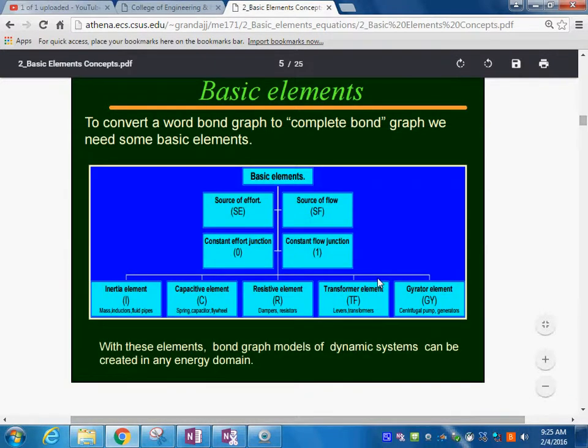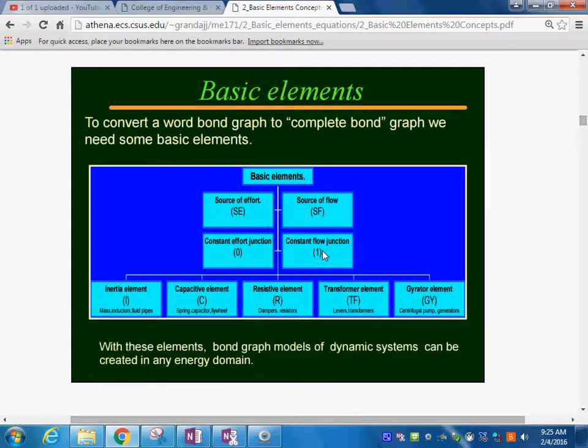So in order to do this, we have to have some basic elements: two sources, this SE and SF; two connections, either a common effort junction, like a 0, or a common flow junction, like a 1; and 5 other elements.